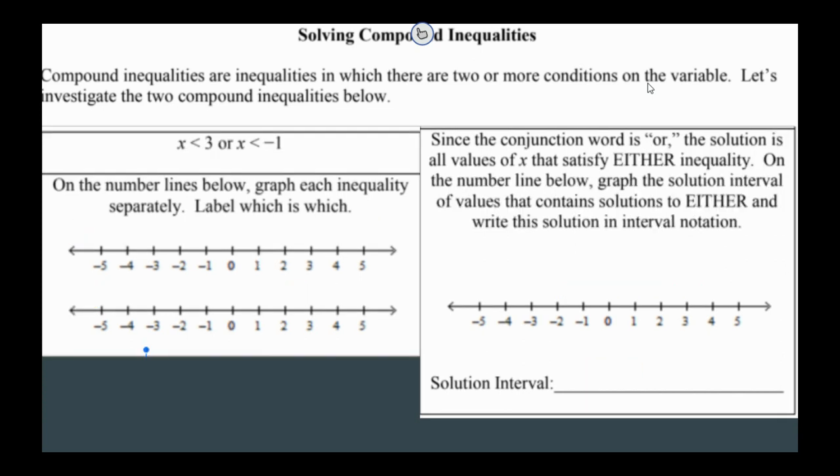Alright, now we're going to do an or, so you're going to do the same thing. Graph each inequality separately, label which is which, and figure out why this one is a little bit weird.